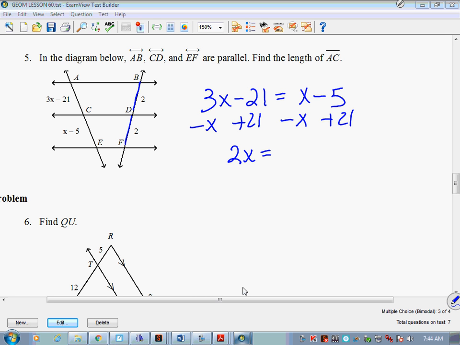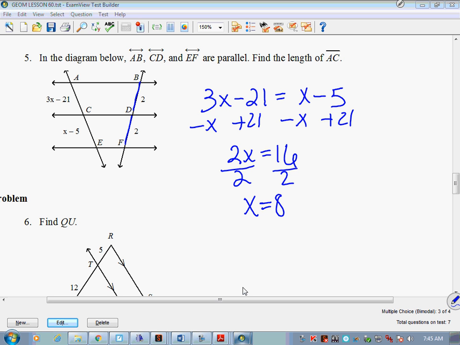Negative 5 plus 21 is 16. 16 divided by 2, x equals 8. Now, you still could have set that up as a proportion where you would do 3x minus 21 over x minus 5 equals 2 over 2, and then cross multiplied and did all of that. It'd take you several more steps. You would still end up getting x equals 8.